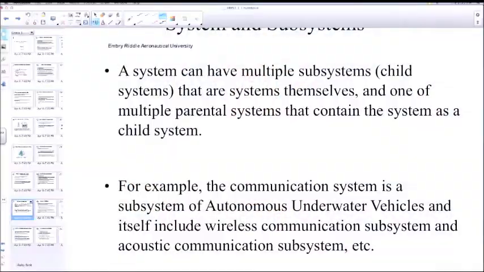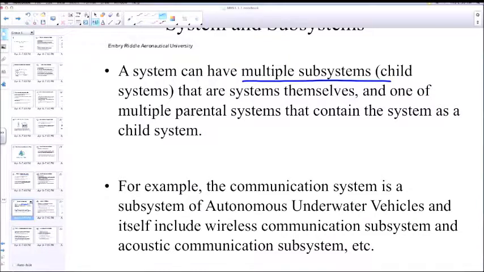So let's just give a little example to explain the hypothetic boundary later on. Any system could be made of multiple subsystems. You can call them the child systems.